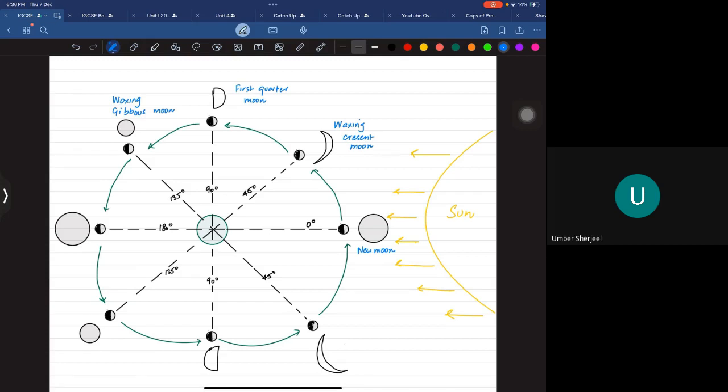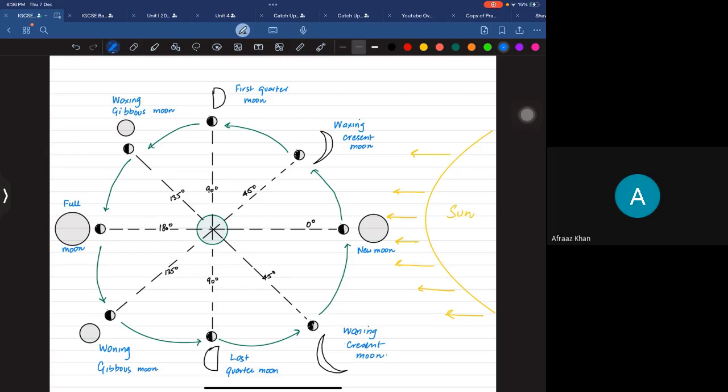Then you have a full moon, and then you get waning gibbous moon. This one is the last quarter, because now it will only move 90 degrees to the new moon. And this is waning crescent moon, like that.